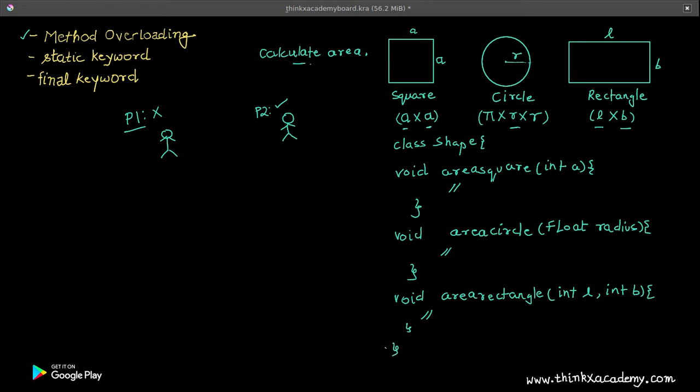Then in the main function he will create an object of this Shape class, and the user can now call a specific function to calculate the area of a square or circle or rectangle.